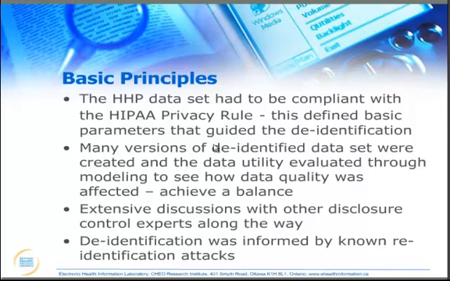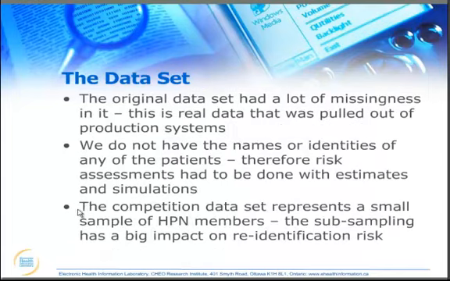A couple of things to note about the original data set. First of all, the original data set had a lot of missingness in it. If you're an entrant in the competition, you'll notice that there's missingness in the data. Not all of this missingness was introduced as a consequence of the de-identification. It's a real data set that came out of production databases, and it had a good amount of missingness in it.